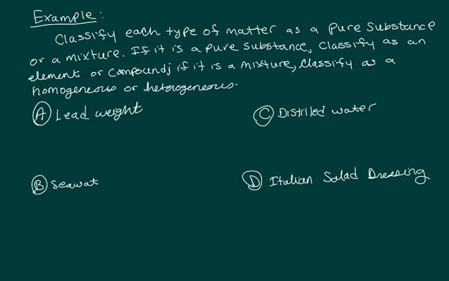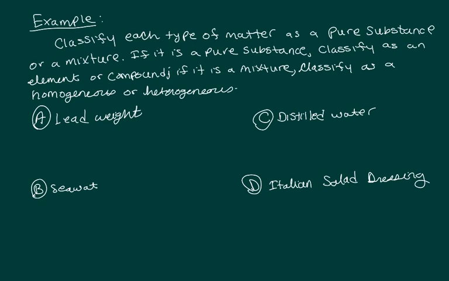So for A, we have a lead weight, and since it's just lead in that particular set of weights, then it is a pure substance. Now the next question we want to ask ourselves is, is it an element or a compound?